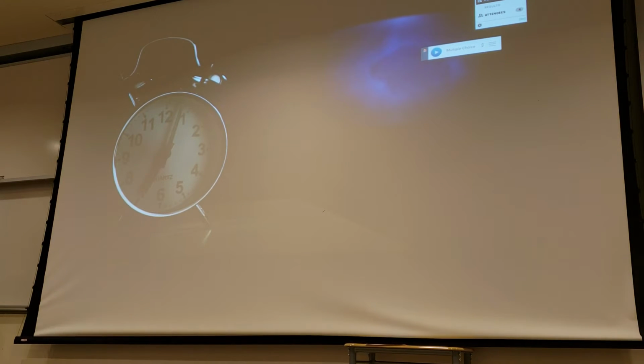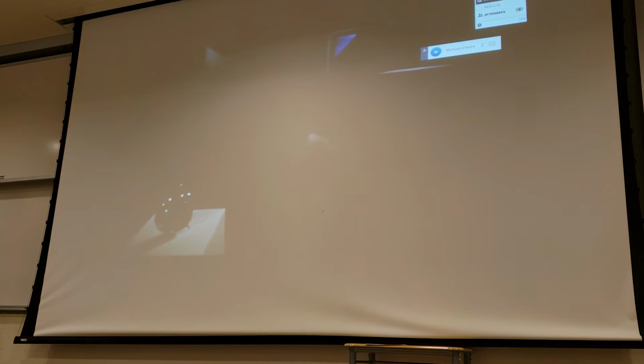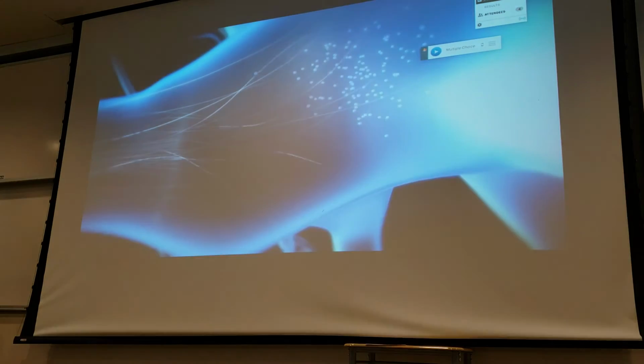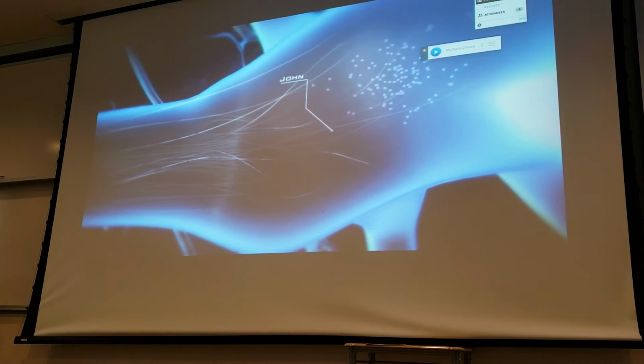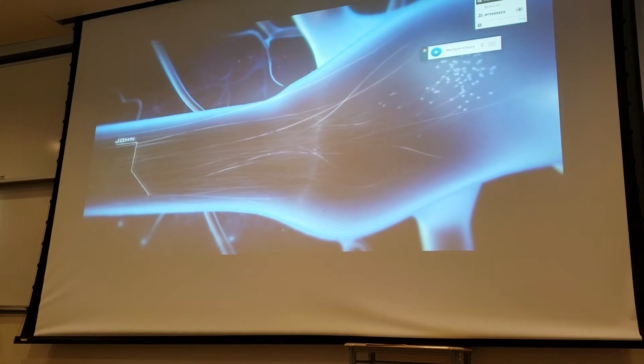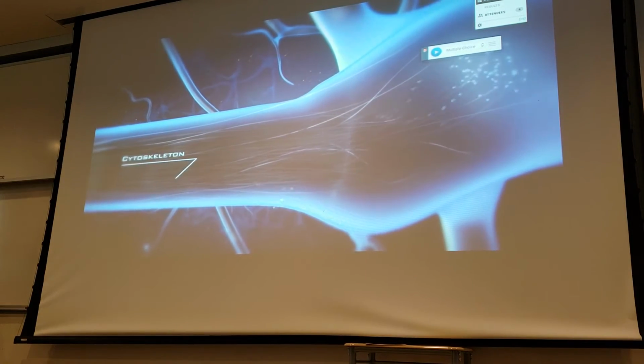Meet John. John is a kinesin, a motor protein. He lives inside a nerve cell and he has a proper job. To ensure that a brain cell does his job properly, it needs the continuous flow of building materials, proteins. They travel through the cell using the cytoskeleton.